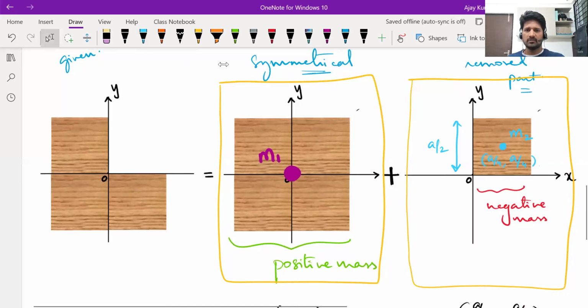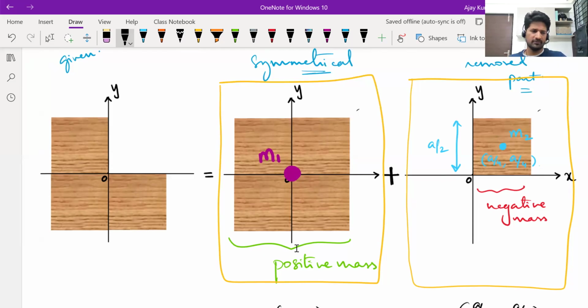Pawan, tell me, what is the ratio of masses of the full square and the small part? M1 to M2. How much is that ratio I'm asking? You can look at their sizes and tell, no? Sir, 4:1. Correct. 4:1.